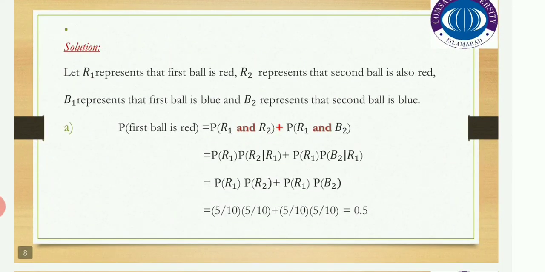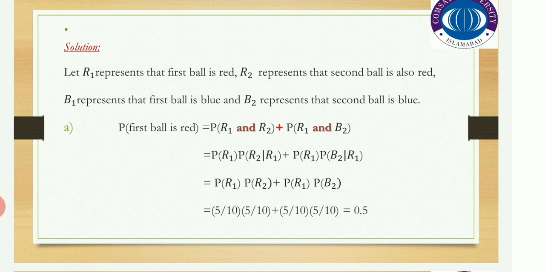Solution. Let R1 represent that the first ball is red, R2 that the second ball is red, B1 that the first ball is blue, and B2 that the second ball is blue.